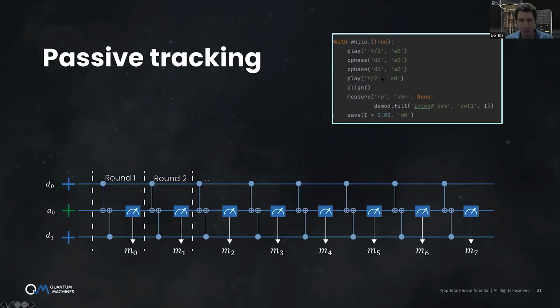And then we're going to play a y/2 on the ancilla. And this basically generates this set of gates, the CNOTs. And then we're going to measure, and we're going to save the result. Okay, and we're going to run this in an infinite loop. So this is the QUA code for the passive tracking.